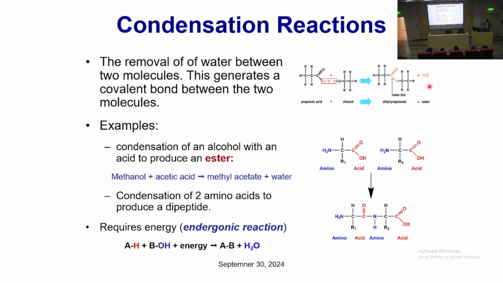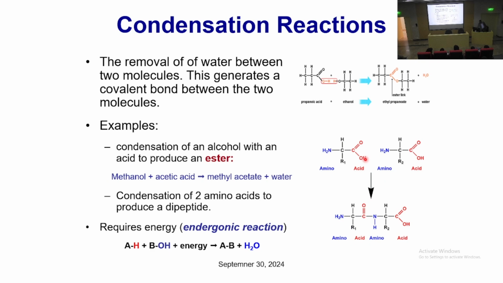In a condensation reaction, a molecule which has a hydrogen group and another molecule which has a hydroxyl group condense together, and this reaction leads to the production of water, and we need energy for this reaction. So here is condensation of alcohol with acid to produce an ester bond, and another example is between two amino acids.